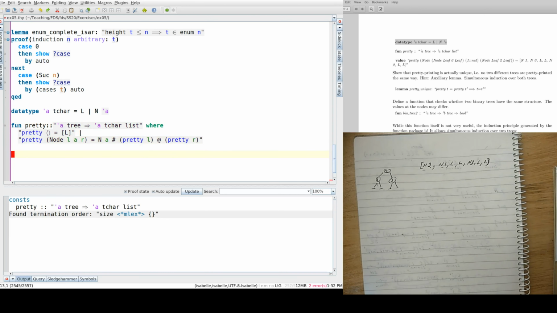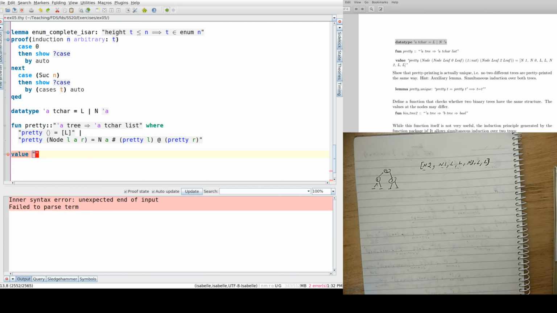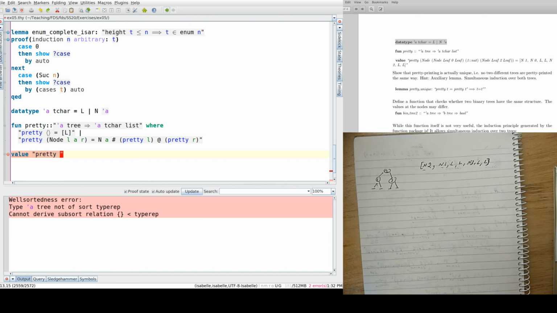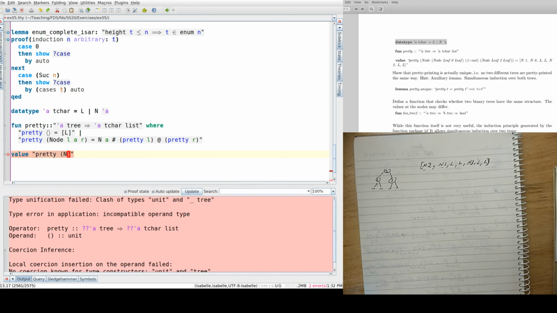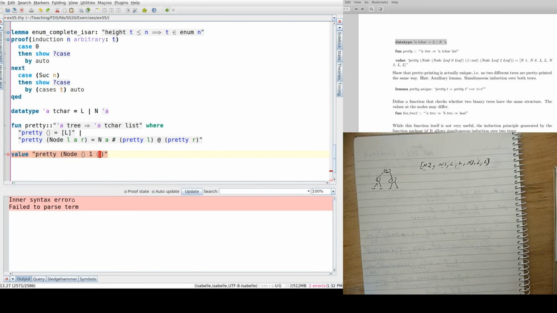Okay, so let's try that on the tree. So we have a function, so pretty, and then I have a node, and then that node has, so let's just change that type.